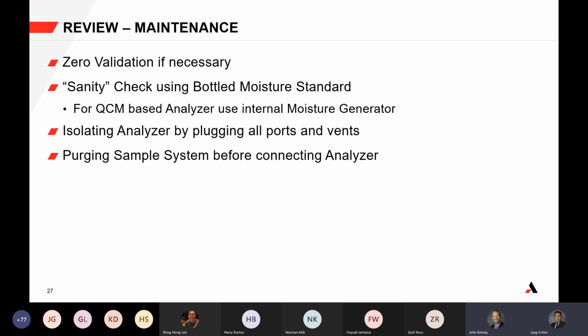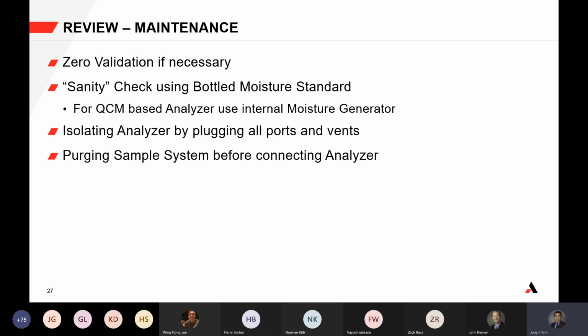Let me first speak, Wing-Hong, and then I'll let you speak. Since you use the word validation, and it's not calibration, as long as you use a bottled standard that has constant temperature on the bottle itself and also the delivery system to the analyzer, I think it is a good way to validate.